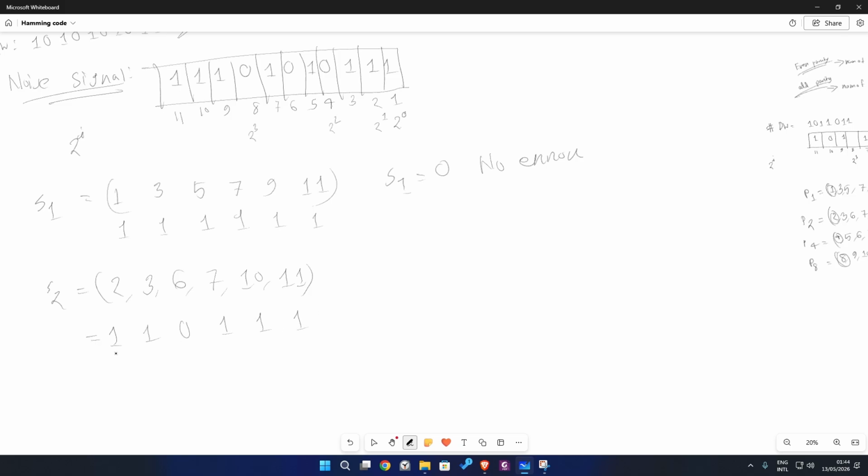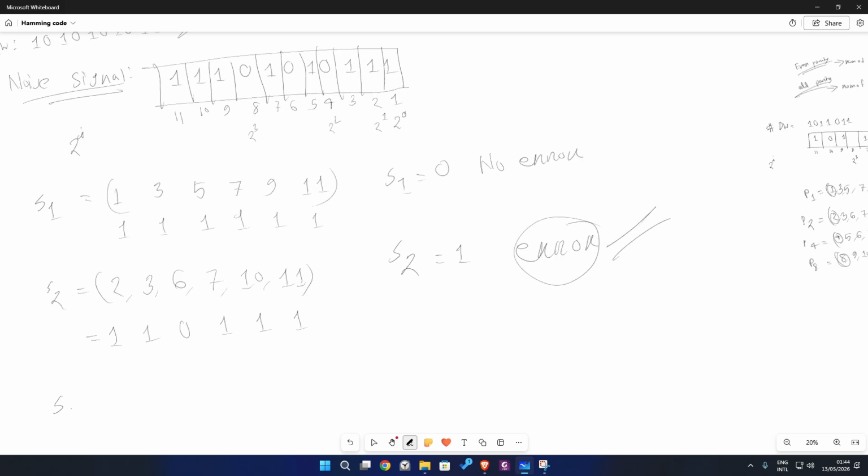So here we can see 5 ones. So yes, there is an error here, because 5 is odd and we need even. So it is not equal to 0. So S2 will be 1. That means there contains some error.